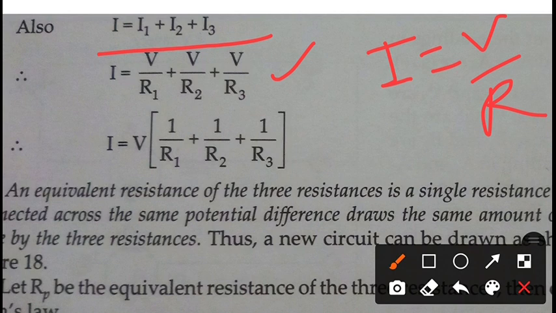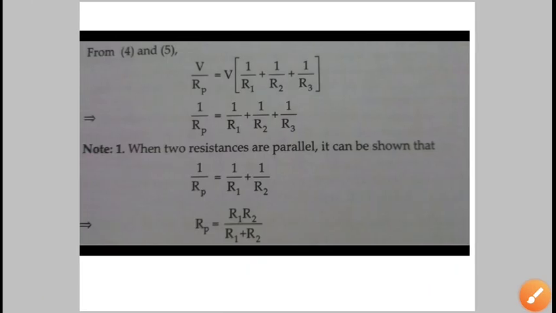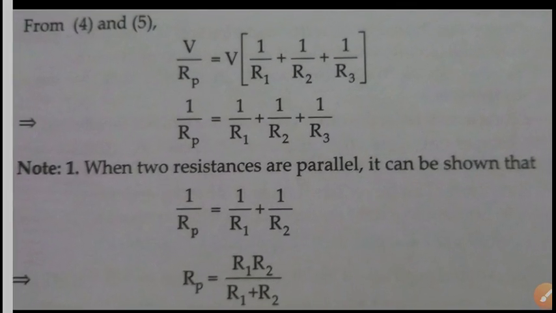In place of I2, V divided by R2. In place of I3, V divided by R3. In this way we got this value, and this V has been taken common.